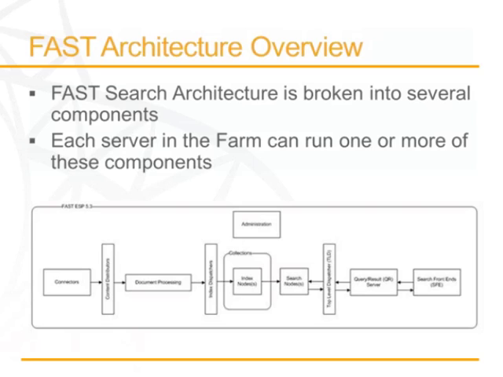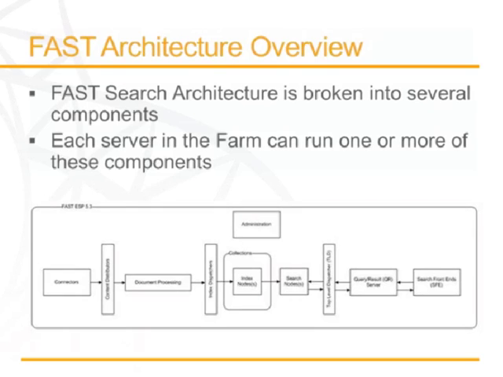Each of these boxes represents an executable, a process that's running somewhere in the Fast Search farm. Each of these can be broken off and stuck on a different server somewhere. That's the part that gives us the high scalability in Fast Search. We will take a look at how we actually configure those things and how we get them on the different servers in the farm.